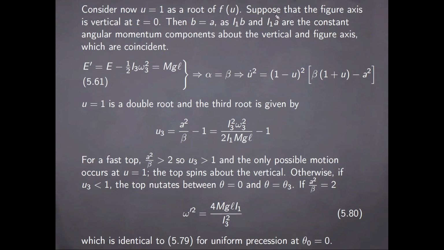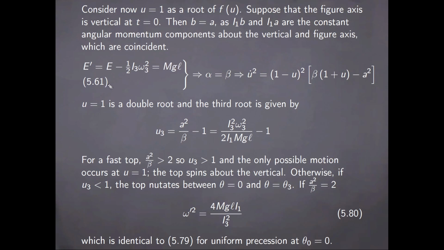And we are supposing furthermore that the figure axis is vertical at t equals 0, so then the constants b and a will be equal, as their values multiplied with I1 are just the constant angular momentum components about the vertical and figure axis, which are coincident in this case, since I1 will be the principal moment of inertia about the same axis. Then the total energy from which we subtract the rotational spin component is just the potential energy.